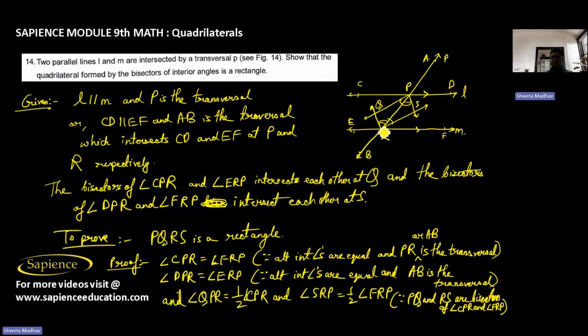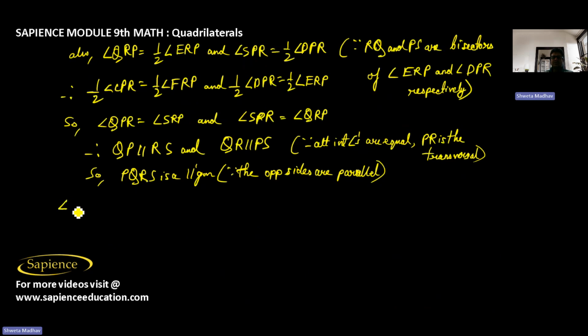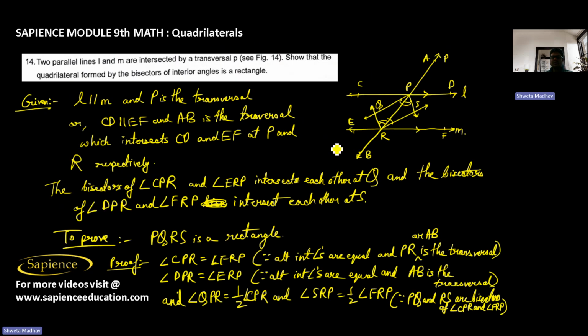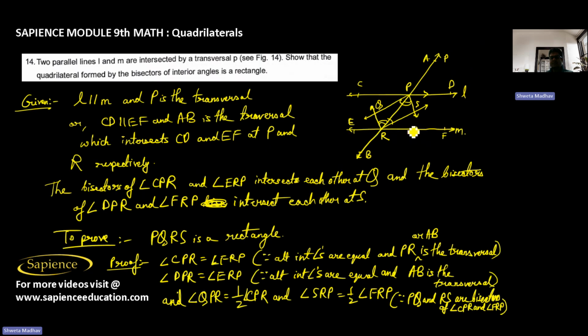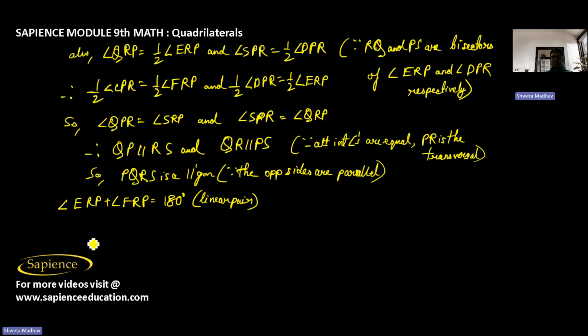As you can see, angle ERP plus angle FRP is equal to 180 degrees since it is forming a linear pair. So half of that sum will be 90 degrees.